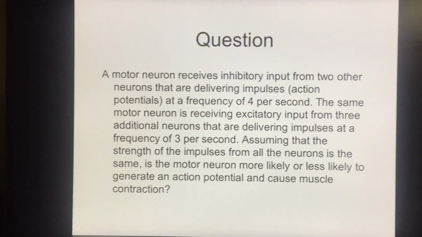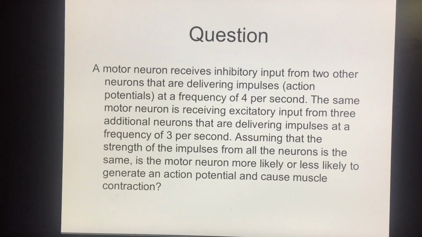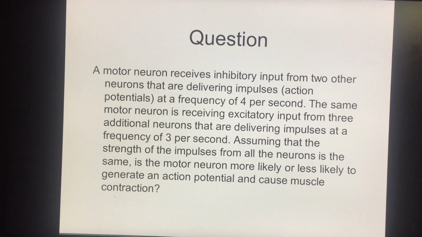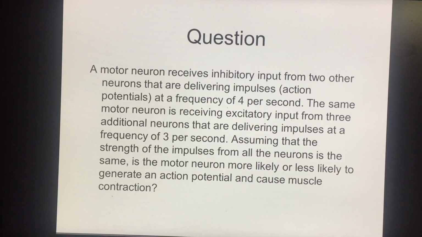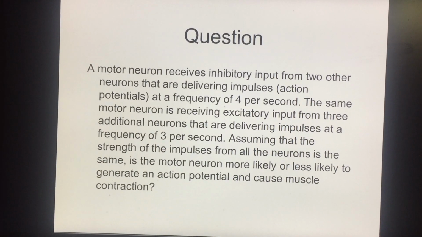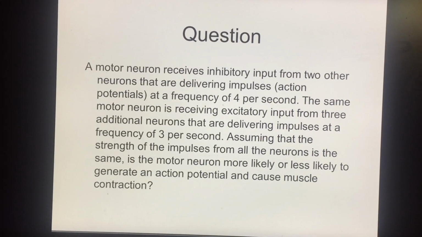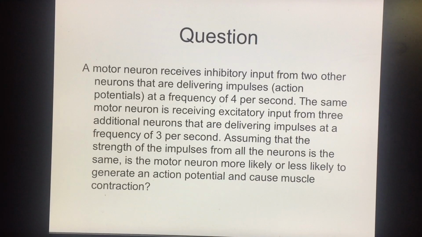So here's a question that I've devised that incorporates this concept of receiving inhibitory and excitatory input from neurons onto one motor neuron, to determine whether or not the motor neuron would actually have an action potential and cause the muscle to contract.